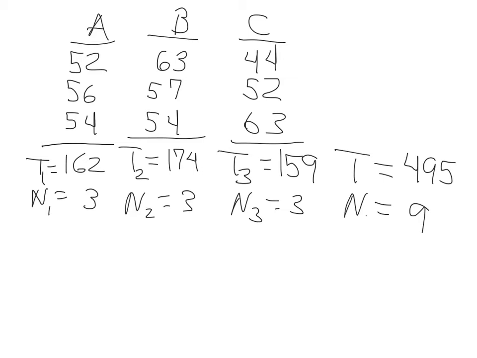Okay, now let's look at a sample mean for each column. So X bar 1 is going to be 162 over 3, which is 54. And x bar 2 is 174 over 3, which is 58.